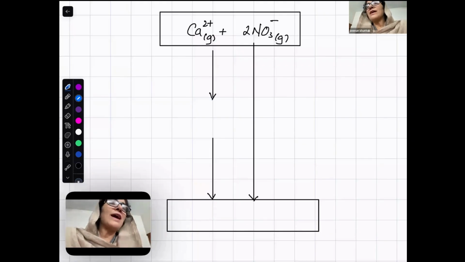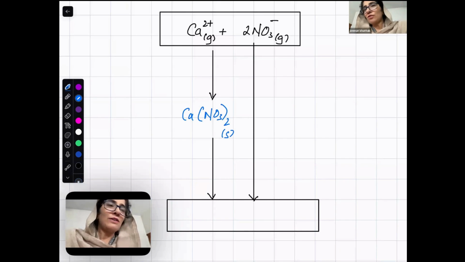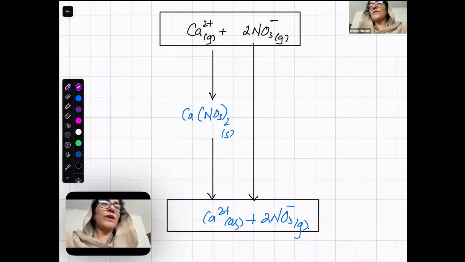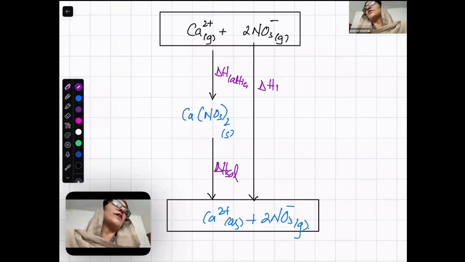From gaseous ions into solid is delta H lattice, and solid in water is solution, delta H solution. This is hydration of one calcium.